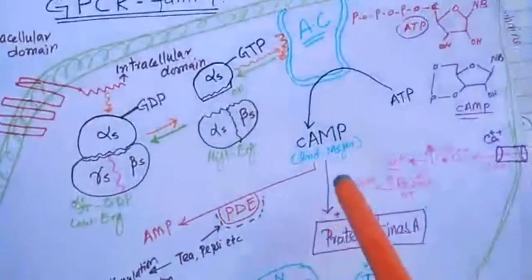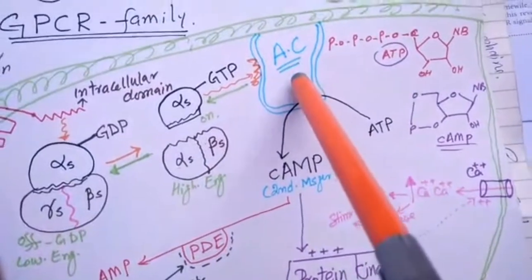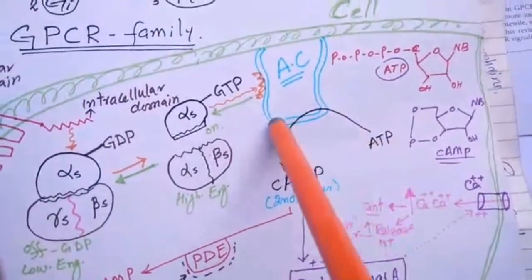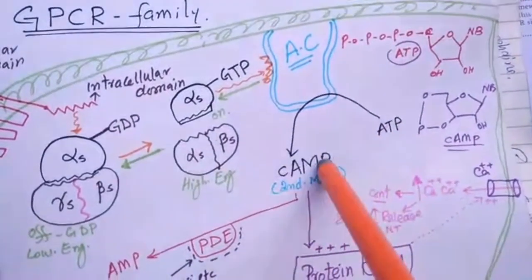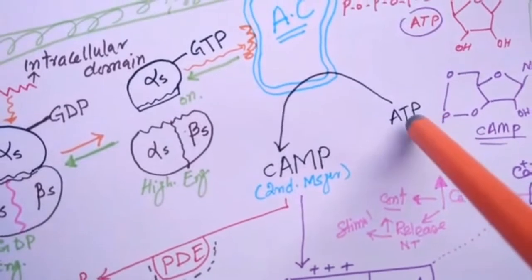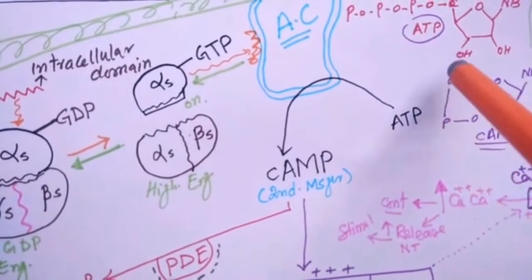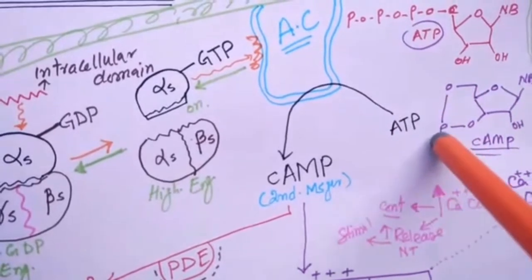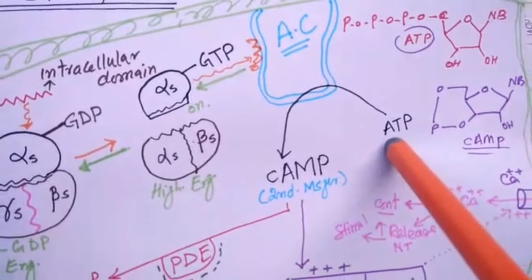receptors. Once this AC is phosphorylated and stimulated, this stimulated AC converts ATP into cAMP. From where does this ATP come? It is from the metabolism of glucose. Glucose metabolism creates this energy rich molecule ATP, which is also known as the energy currency.